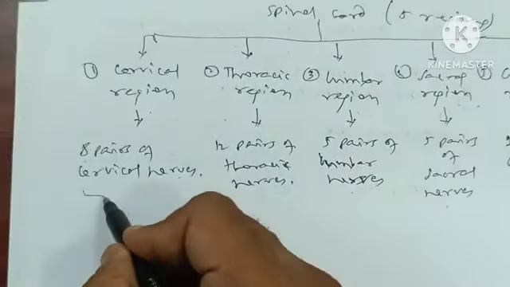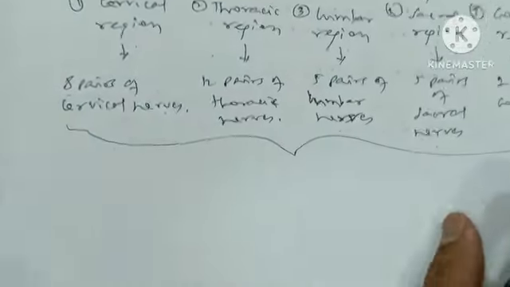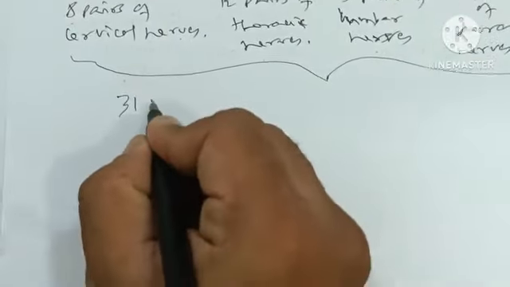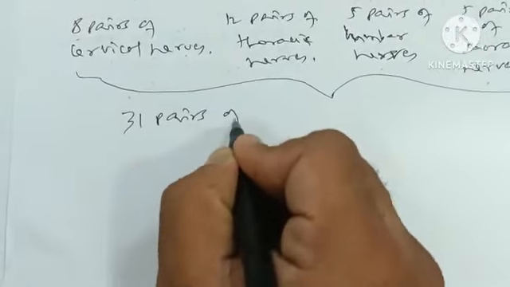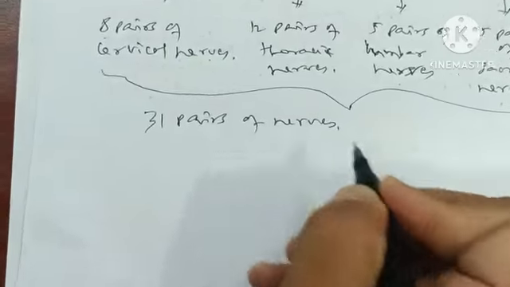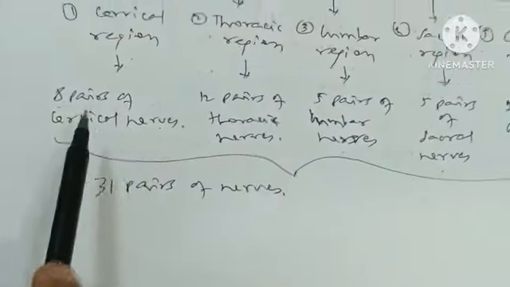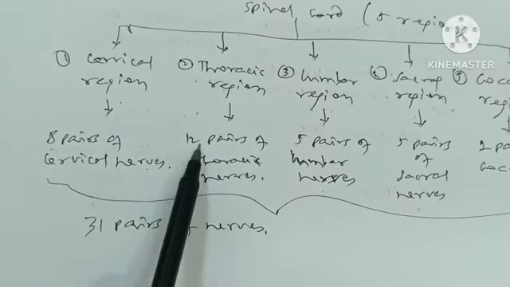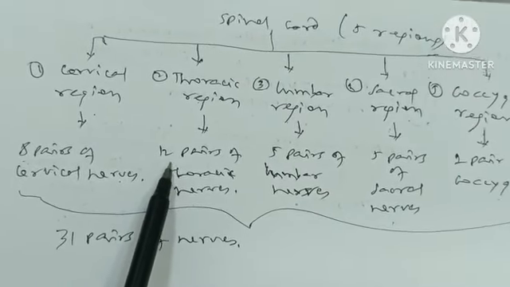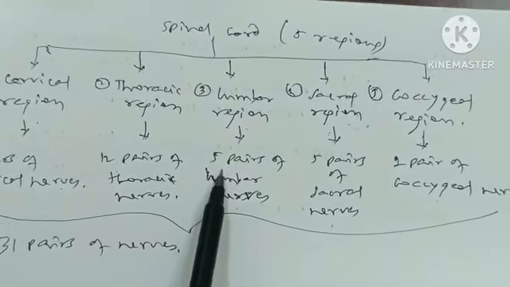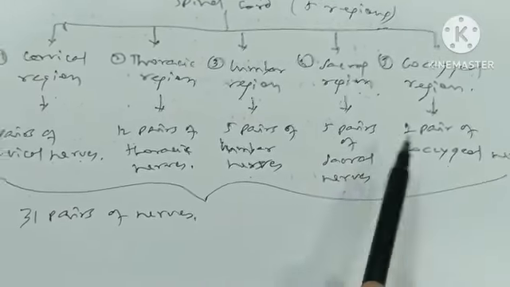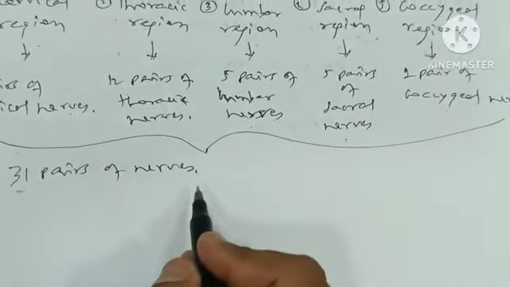Now if we make the total, there are 31 pairs of nerves. Just add on 8 plus 12, 20. 20 plus 5, 25. 25 plus 5, 30. 30 plus 1, 31. So there are 31 pairs of nerves.